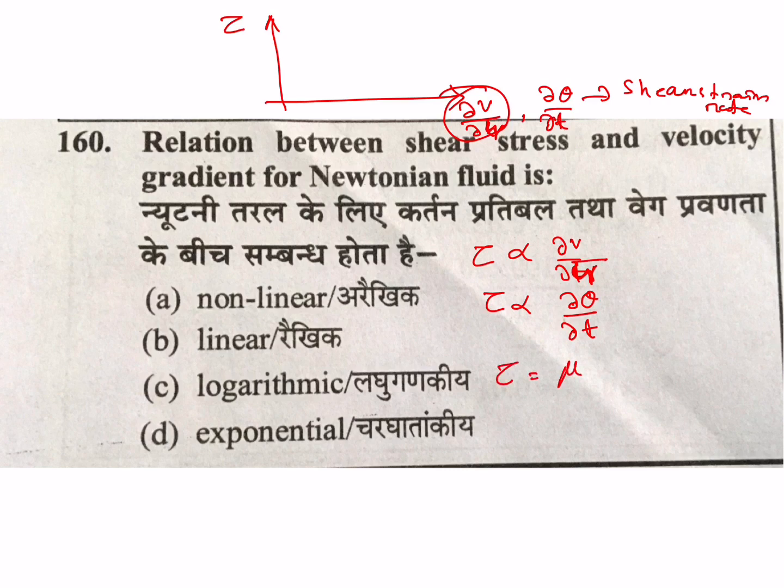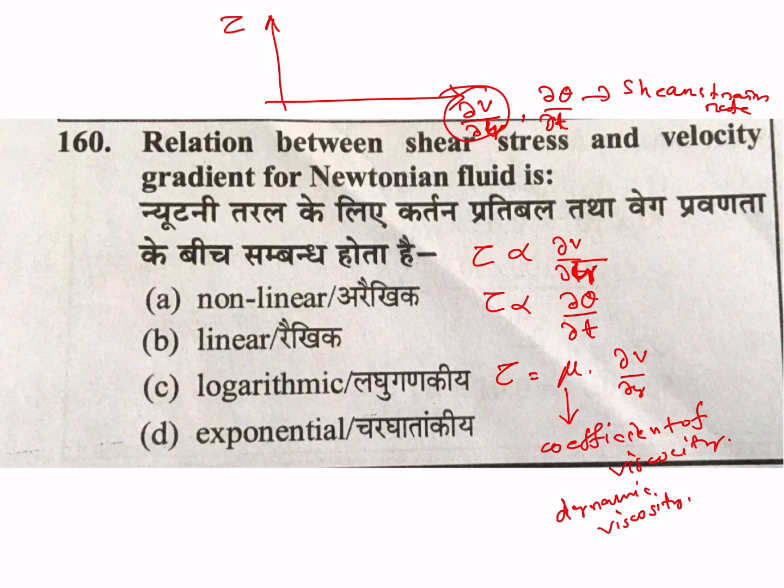Or tau equal to mu dv by dy. Mu is your coefficient of viscosity, or your dynamic viscosity, or your absolute viscosity.